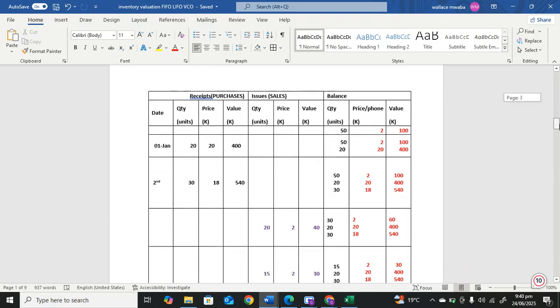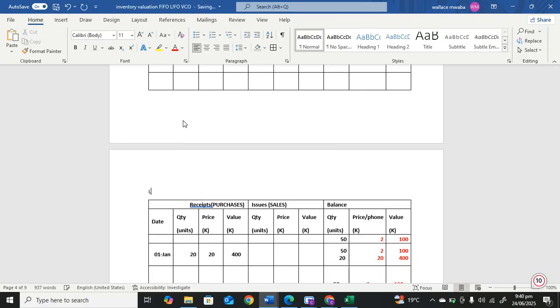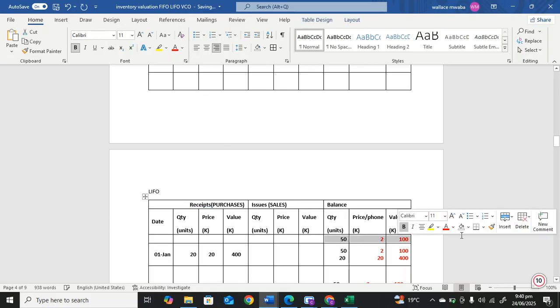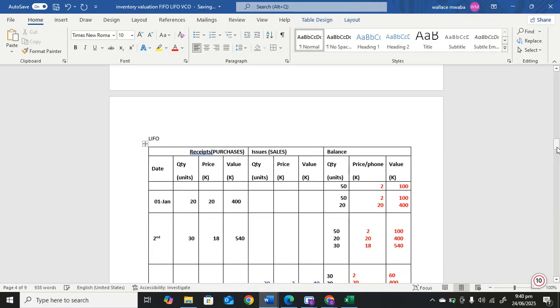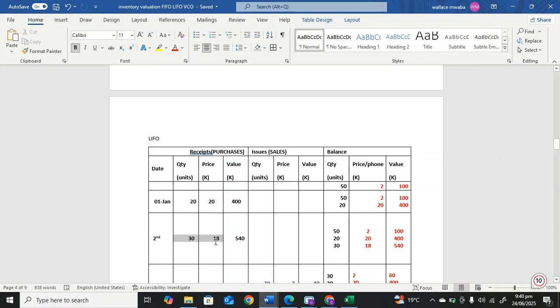Under Lifo, our opening inventory, we've recorded it, 50 units. Our first purchase, 20 units at 20 kwacha, which is 400, we've recorded. You separate your inventory like this. Another purchase has been made, 30 units at 18 kwacha, total 540. Again, you separate your inventory like this.